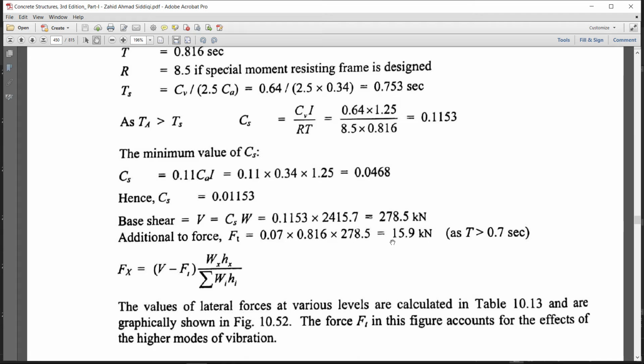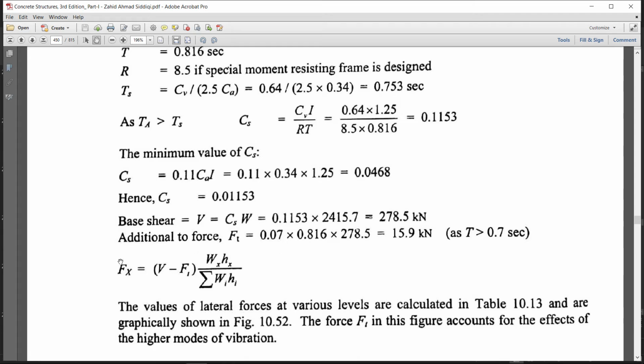The value is 15.9 kilonewton if the time period of the building is greater than 0.7 second. As the time period of our building is greater than 0.7 second, we will consider this FT force.